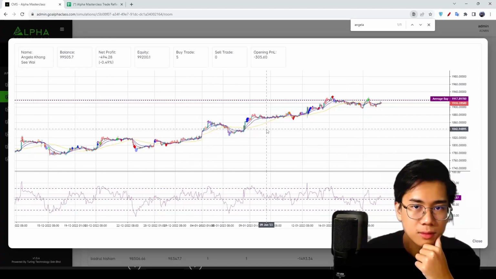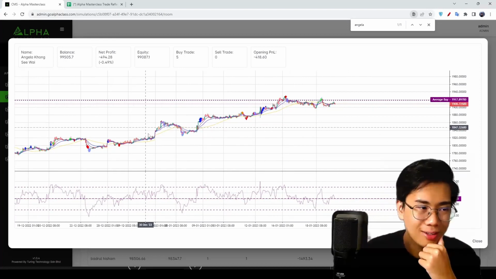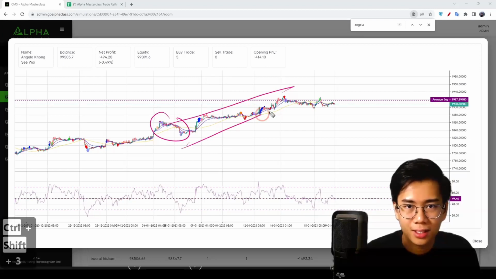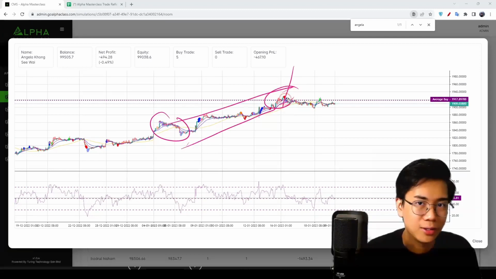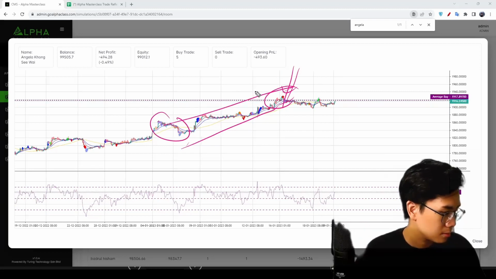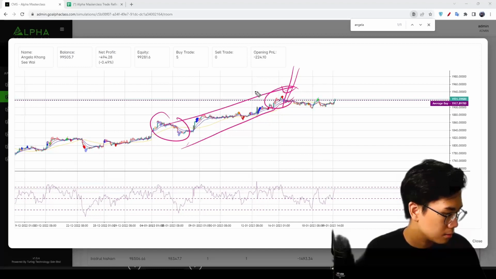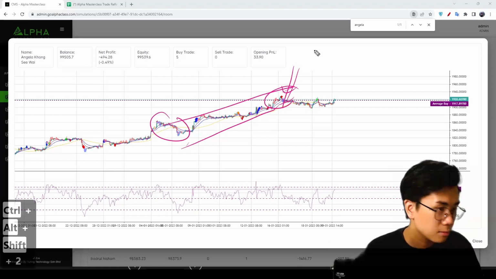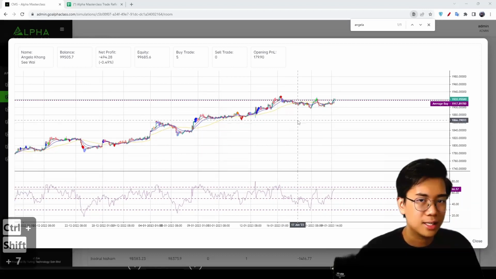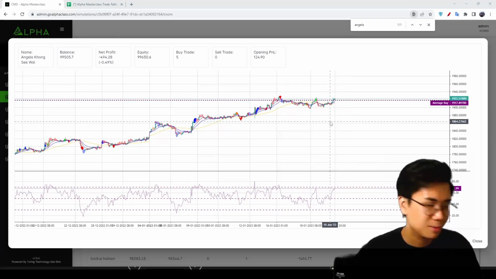I mean seriously, if you don't do anything at all, from here to here, you already make big profit. You already break even from here. Danny already achieved 20%. So stop trading.